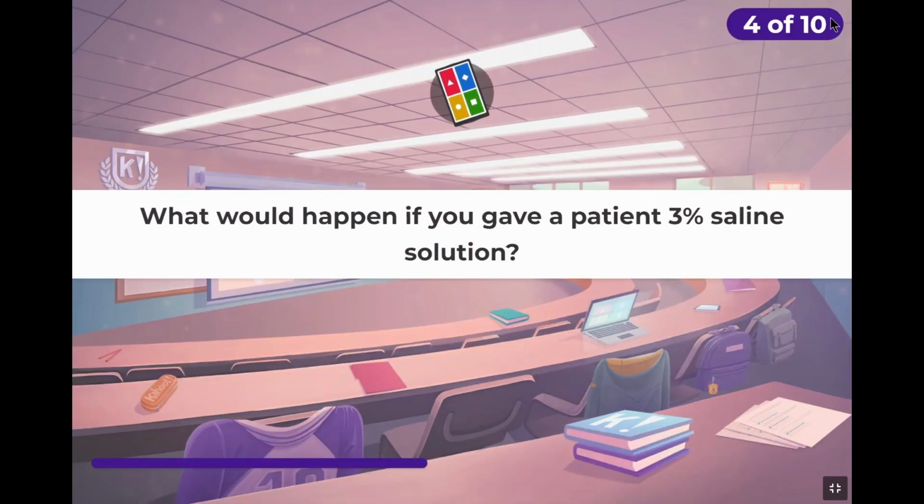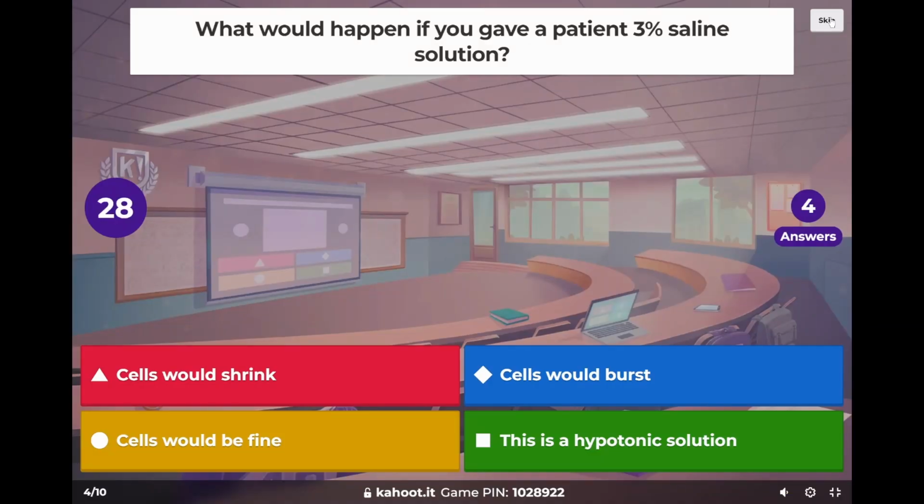Okay. Well, we already gave this question 2 again, but hopefully we hear some popcorns and get this going fast. Okay, you give 3% saline. Which 2 answers are the same?